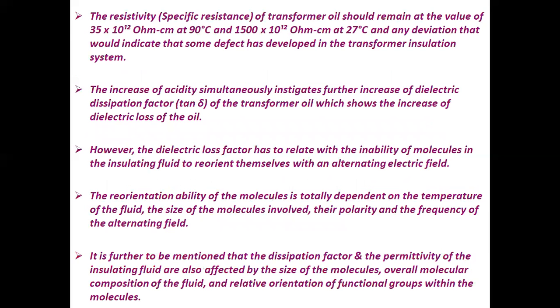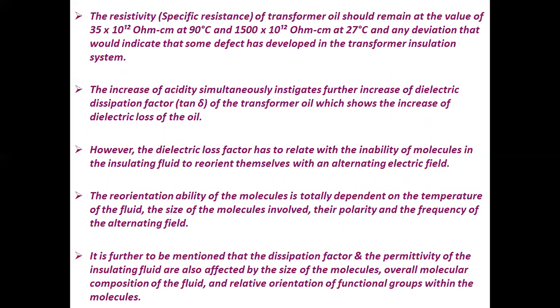The resistivity, that is specific resistance of transformer oil, should remain at the value of 35 into 10 to the power 12 ohm centimeter at 90 degrees centigrade and 1500 into 10 to the power 12 ohm centimeter at 27 degrees centigrade.